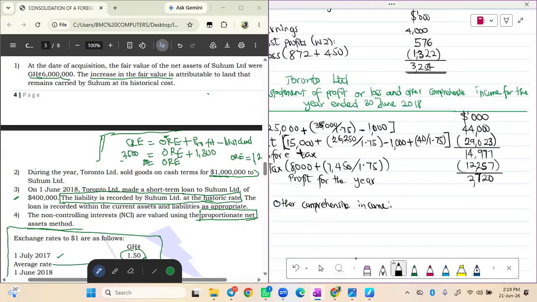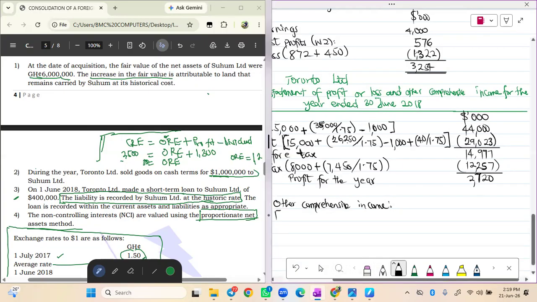All right. So other comprehensive income, you bring your exchange loss, whether exchange loss or exchange gain, due to this retranslation of net assets or retranslation of goodwill. We are saying treat it as other comprehensive income.